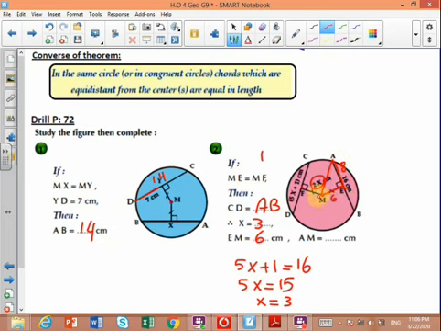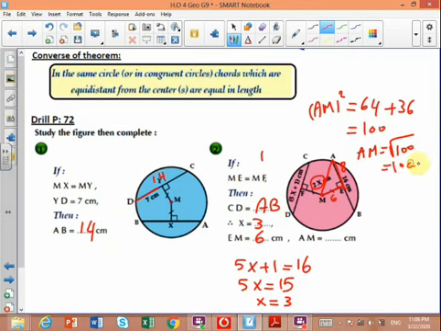Applying Pythagoras theorem, AM squared will be equal to AE squared, which is 8 squared, 64, plus EM squared, 36, so it equals 100. AM will be root 100, which equals 10 centimeters. So AM equals 10.